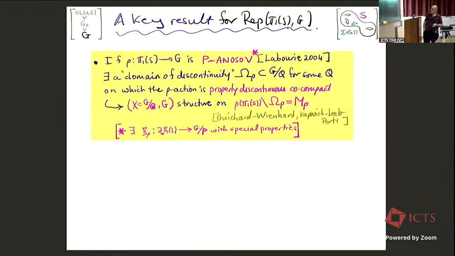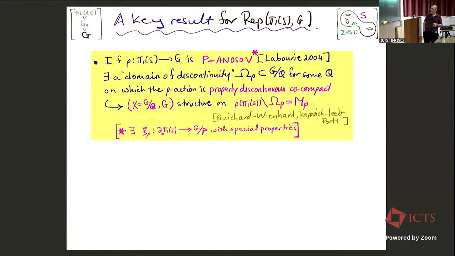So the key property turns out to be a property that's called Anosov. This was defined by François Labourie, and I won't go into exactly what it is, but it's a property that certainly the representations in the higher Teichmüller components have.